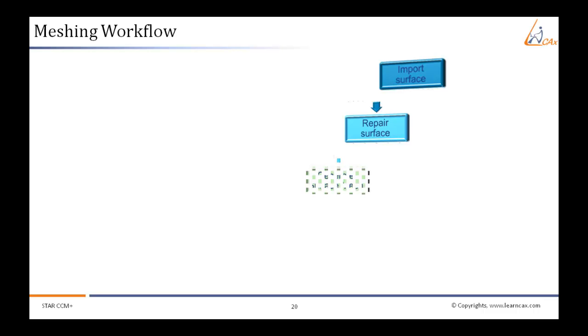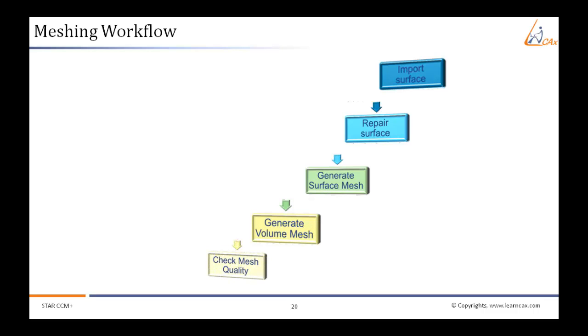After this, we generate the surface mesh and then we generate the final volume mesh. The final task in meshing operation is to check and inspect the mesh quality and verify the mesh. After this, we use this mesh for CFD simulation. Now, we will see all these operations in detail one by one.